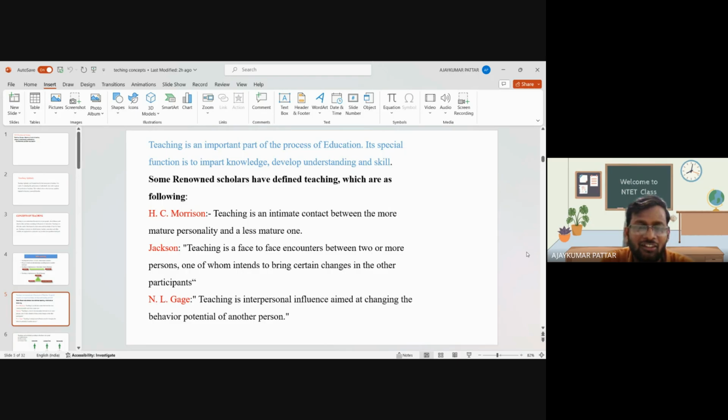Like in general, what we call senior and junior. The senior will be a somewhat more mature person compared to the junior. He can teach something, he can tell something to the junior.